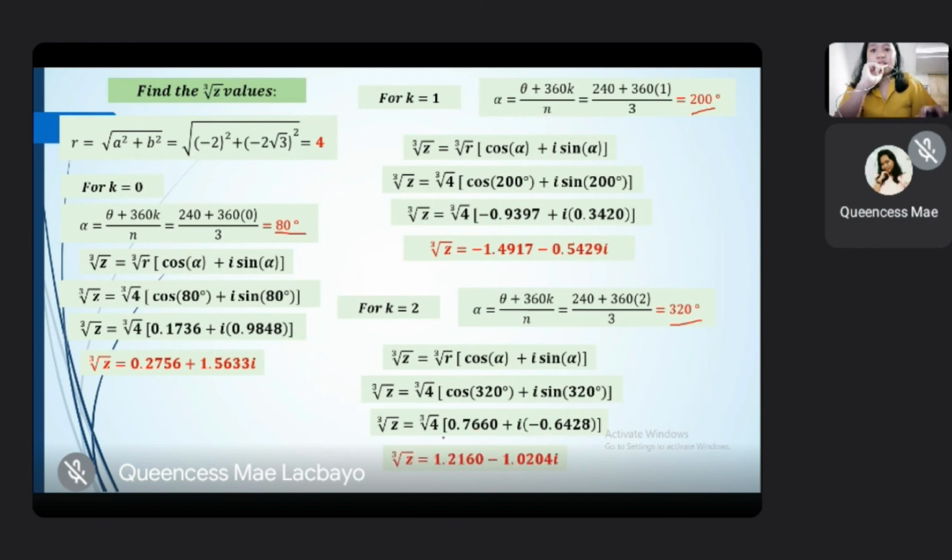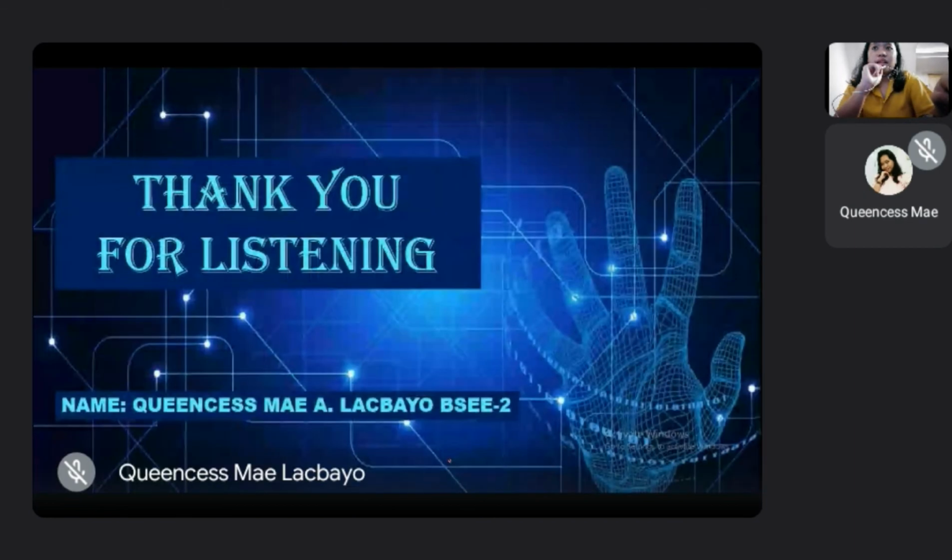Distribute to the cube root of 4: the cube root of 4 times cosine 320 is 1.2160, and the cube root of 4 times sine 320 is negative 1.0204i. So these are the answers for problem number 2, for k equals 0, k equals 1, and k equals 2. Thank you for listening, and that's all.